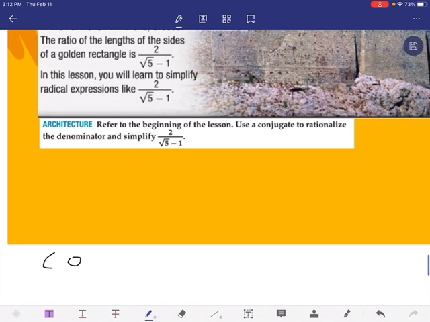And the reason it says to use the conjugate is because notice that if I just multiplied by the square root of 5, well, then my square roots of 5 would reduce, but then I would also have to multiply it to the negative 1, so we would still have a square root in our denominator.